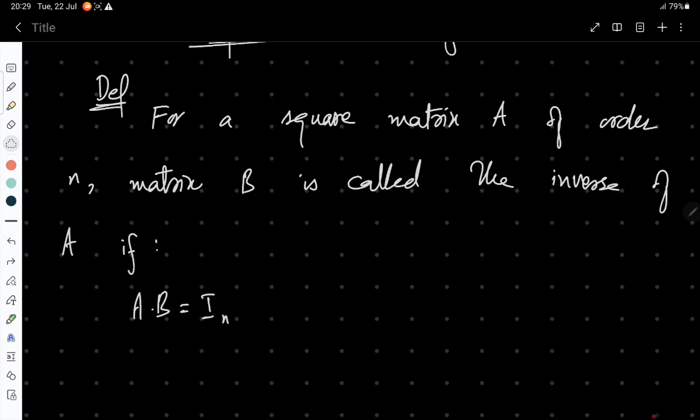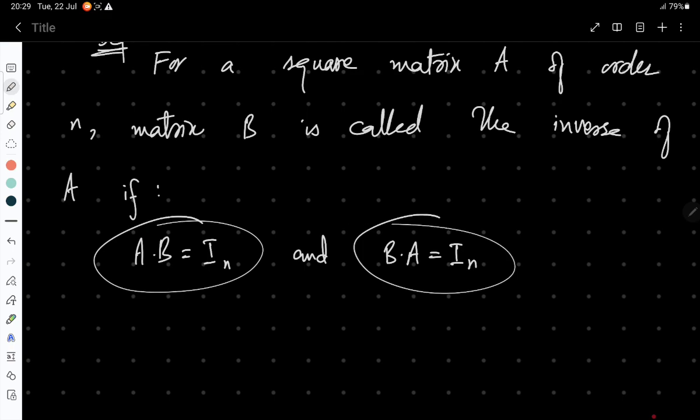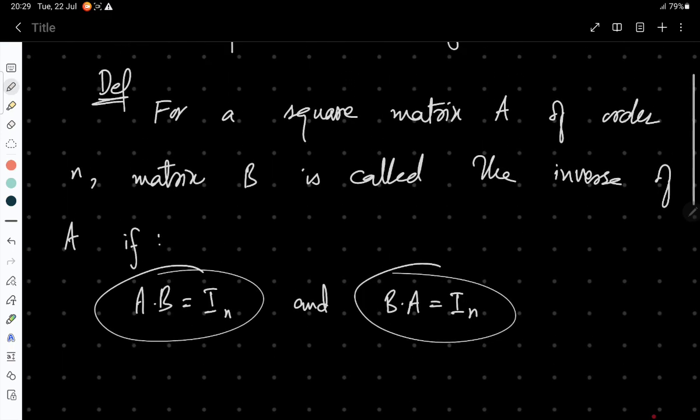The first one is A times B is identity of order n, and B times A is also identity of order n. If these two properties are satisfied, then we say that B is the inverse of A.